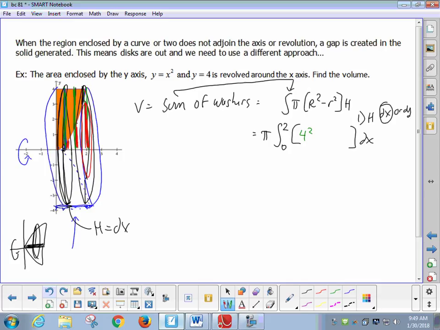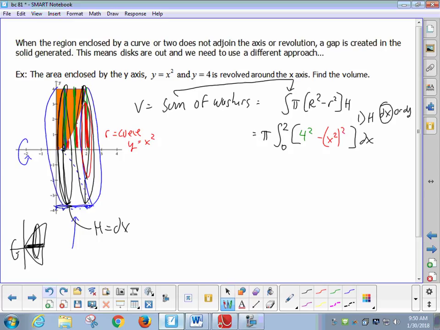And so that little r is just the curve. Now that's either y or x squared, but because it's dx, I guess we're going to have to use the x form, so x squared. Now, do I need to square that, or does it already have squared? No, you need to square it. It's the radius squared. The radius is x squared, so it's x squared squared.